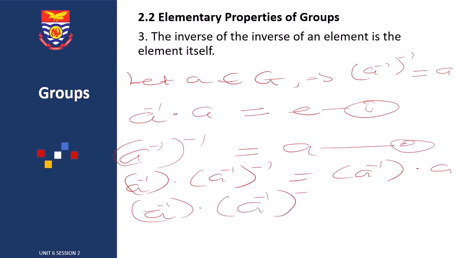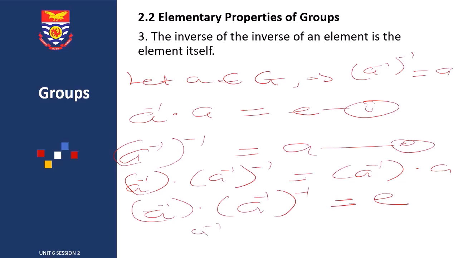What do I get? This looks very interesting. A inverse times A, from equation 1, gets the identity element. Now we have the inverse multiplying its inverse, and it looks like equation 1. So what do you get? That becomes A inverse.